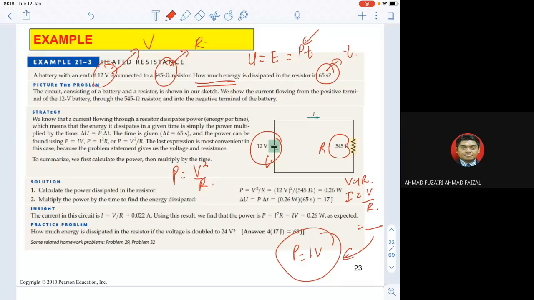Because we can easily get power from the information inside the question, you have V, you have R.